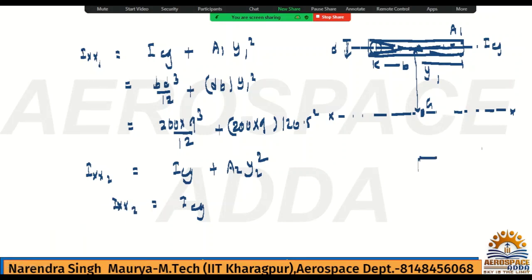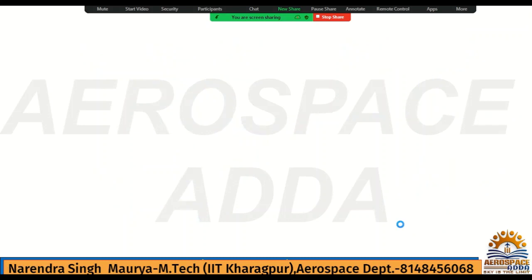This is the vertical, the second box. For the second box, because it's symmetric, the CG of the whole section, the centroid, and the CG of this box are the same. So what will be Y2? The CG location from the centroid is 0. So ICG plus A2 Y2, and Y2 is 0, hence you will get ICG. What is the formula for this? It is width.